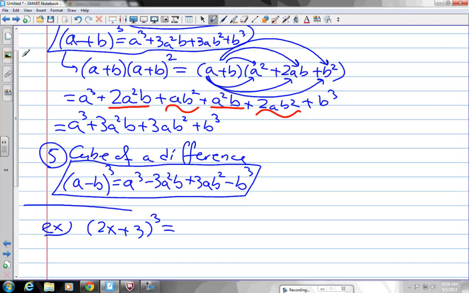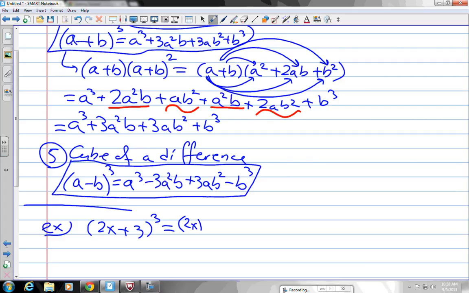Cube of the sum. And what is playing the role of a in this problem? 2x. And what is playing the role of b? 3. So I'm just going to go ahead, and in this formula, for every a, I'm going to put 2x. And for every b, I'm going to put 3. That's the plan. Is that all right? That's how we use those formulas. So just literally, for every a, I'm going to put 2x.